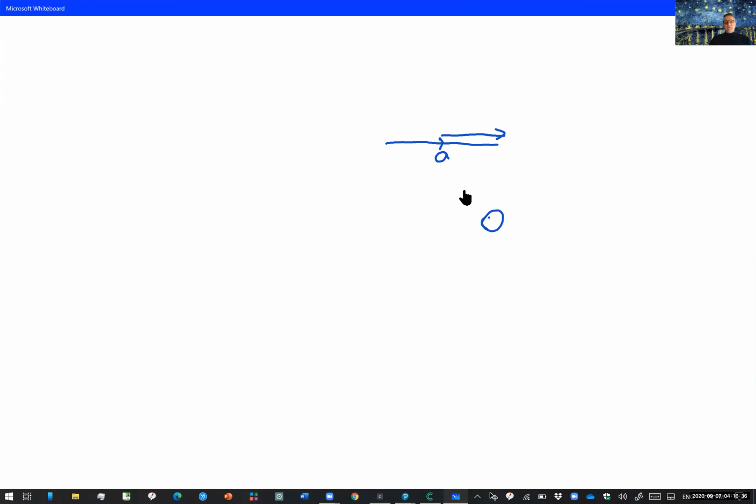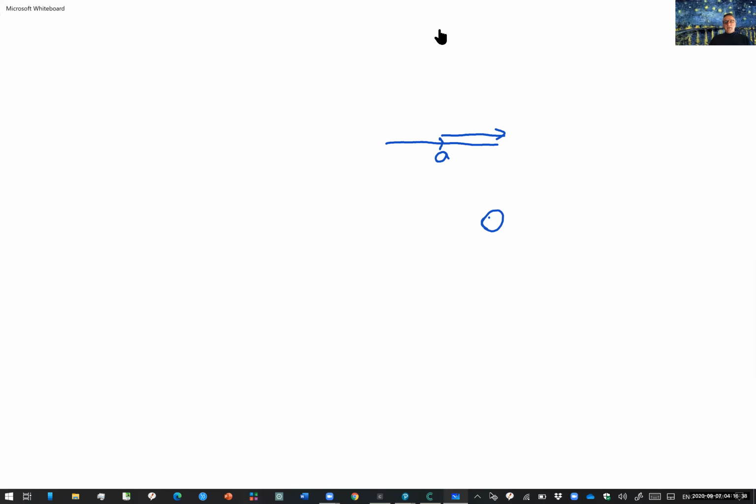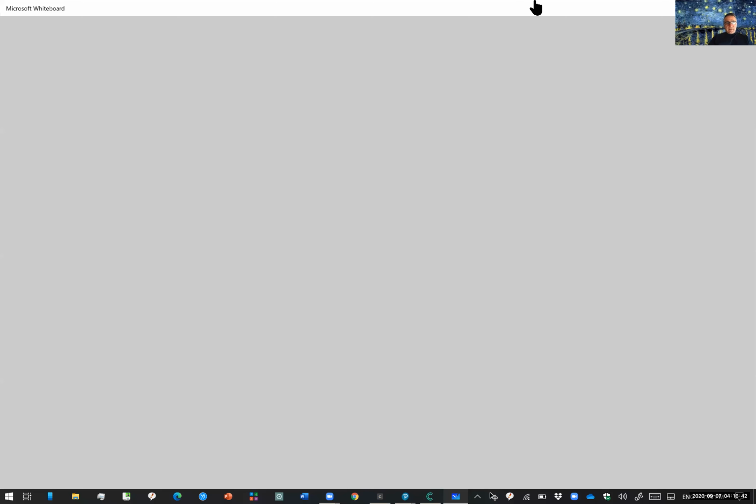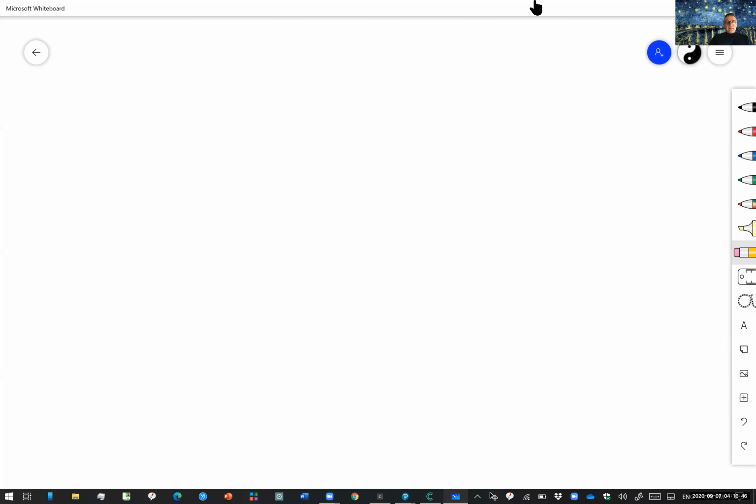All right, the interval notation is a very efficient notation. So let's say you have the set of real numbers, and I'm just going to use an example number to make it easier. Let's say I want to look at all numbers that are greater than 2.